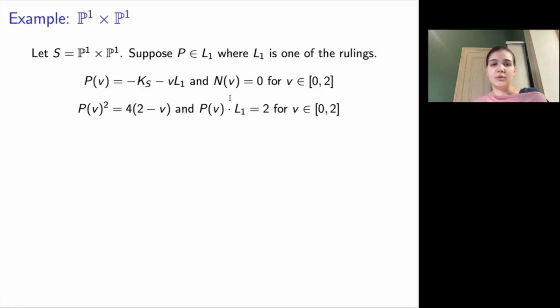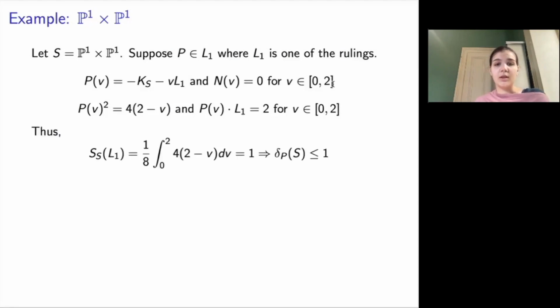In this case, this Zariski decomposition is quite obvious. It will be just this divisor from 0 to 2, and the negative part will be 0. Thus, we can compute our S invariant. It will be just 1.